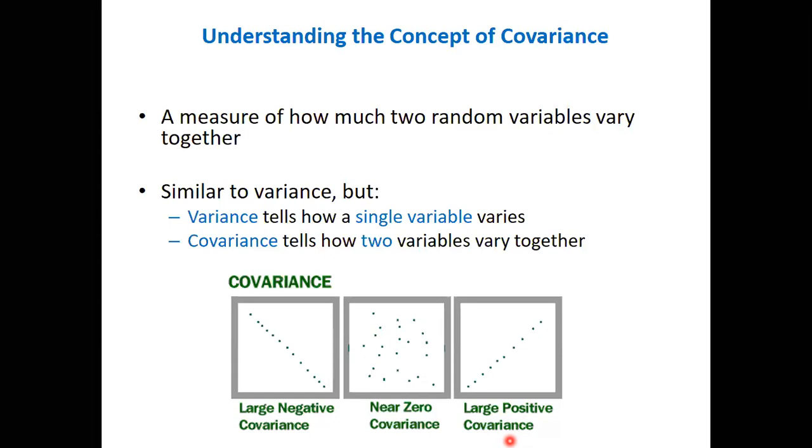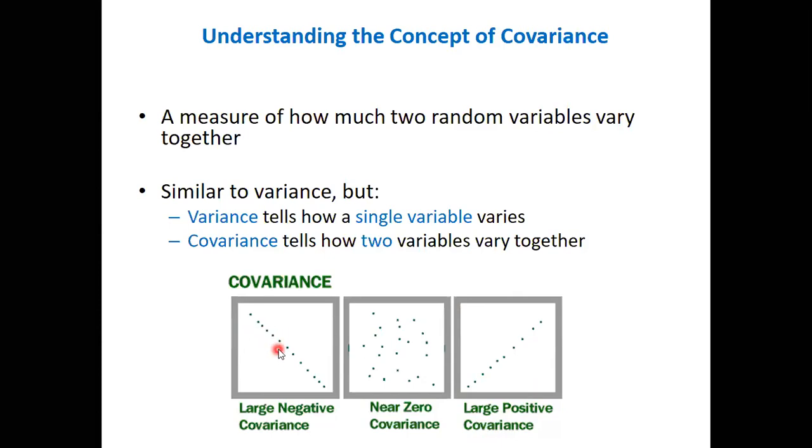If you put one on the vertical and one on the horizontal, as the values increase, you will be moving along, and the point you plot is where the two of them meet. So you can see this on a straight line means that as this one increases, this one is increasing also, perfectly.